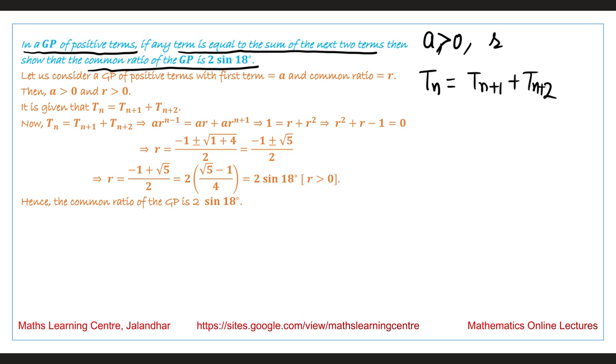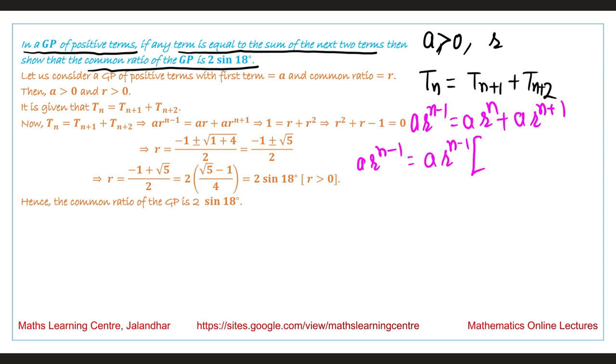So if we substitute the values over here, it is ar raised to the power n minus 1 is equal to ar raised to the power n plus ar raised to the power n plus 1. Now if we take ar raised to the power n minus 1 common from all these terms, we are left with 1 on one side, and r plus r square on the other.